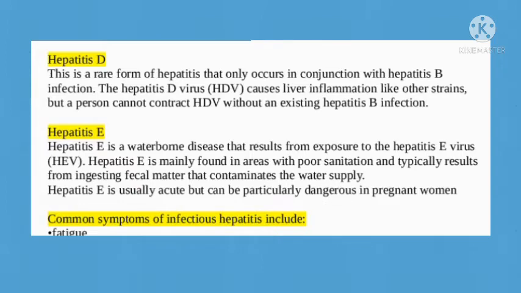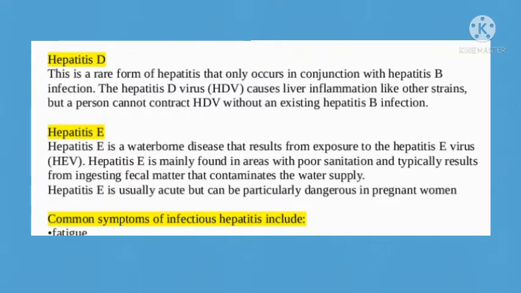The hepatitis D virus causes liver inflammation like other strains, but a person cannot contract HDV without an existing hepatitis B infection. Hepatitis E is a waterborne disease that results from exposure to the hepatitis E virus. Hepatitis E is mainly found in areas with poor sanitation and typically results from ingesting fecal matter that contaminates the water supply.